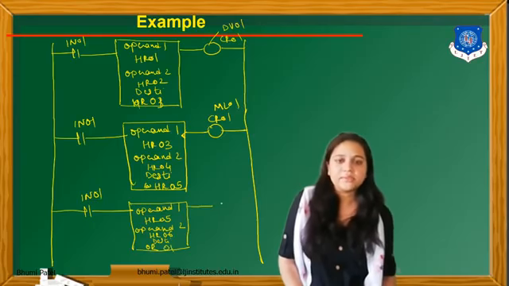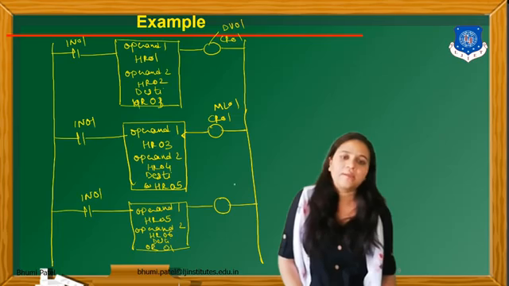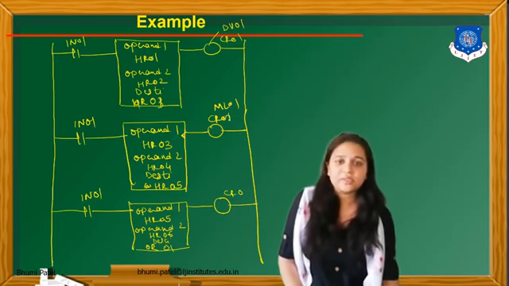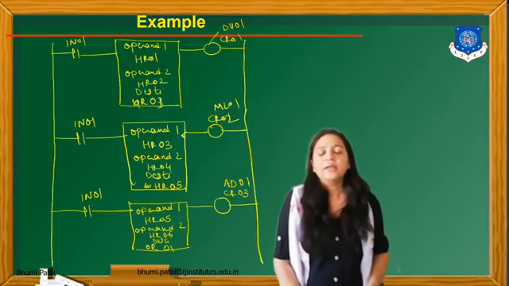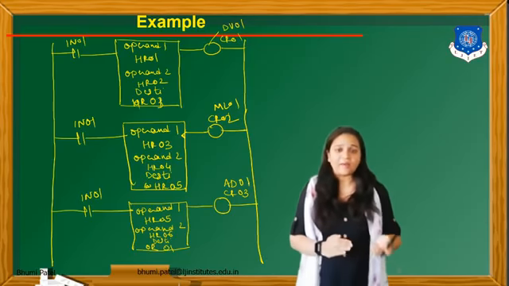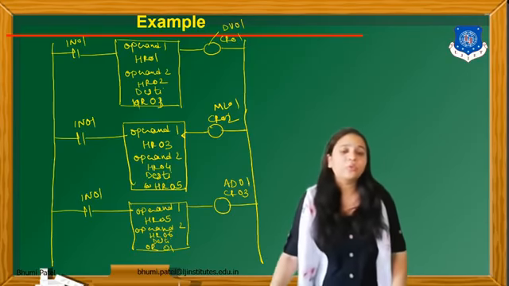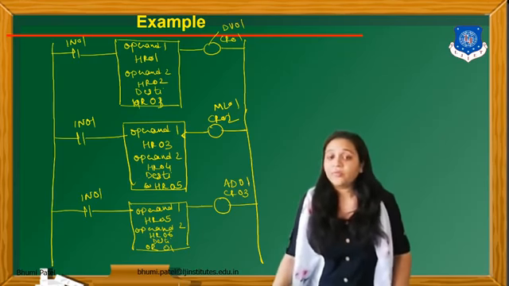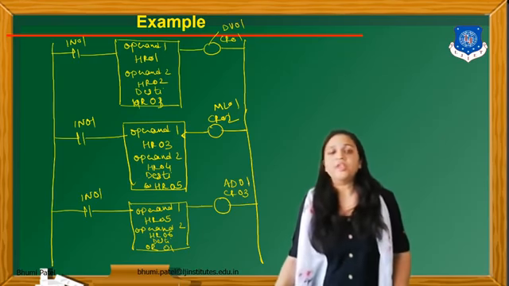This is my addition instruction. Suppose this is my CR01, this is CR02, and this is CR03, and the instruction for the addition is AD01. After adding 32, we get the exact value of the Fahrenheit.